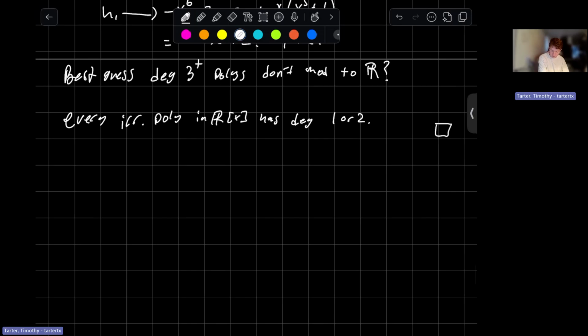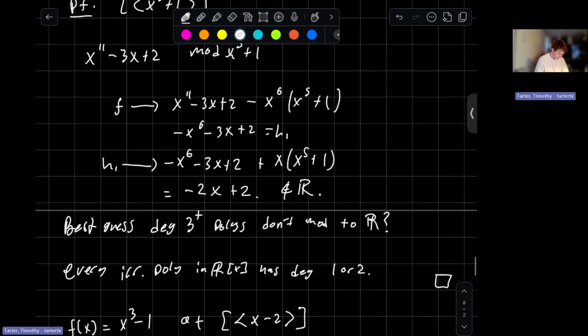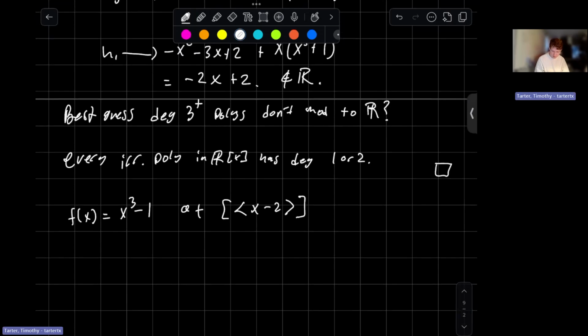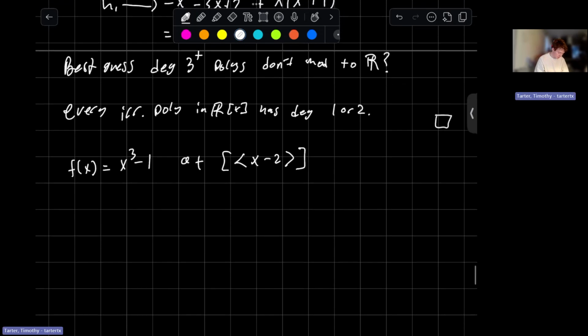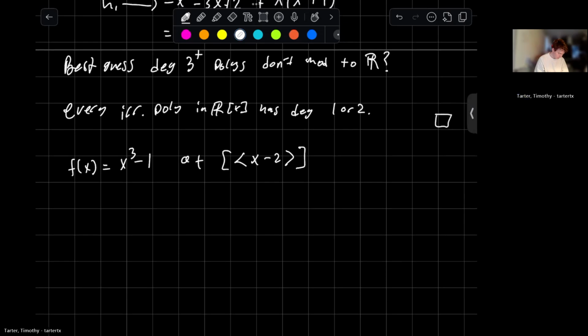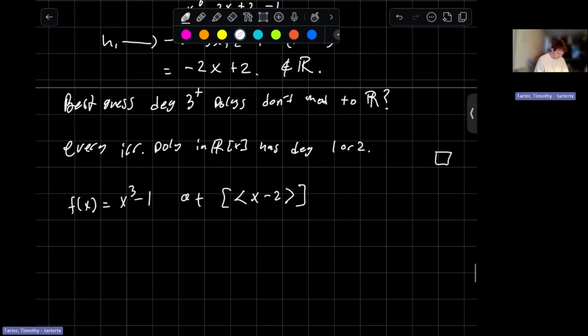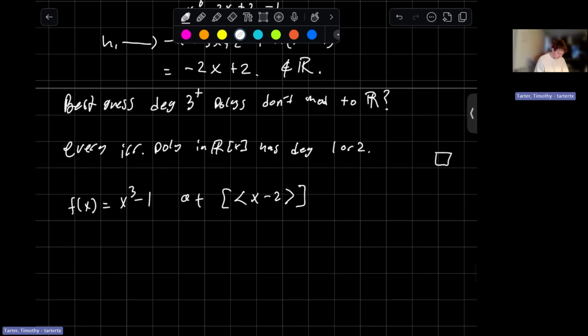Well, let's explore functions in this space. So consider f of x is equal to x cubed minus 1 at x minus 2. This is 7, because it's 8 minus 1.